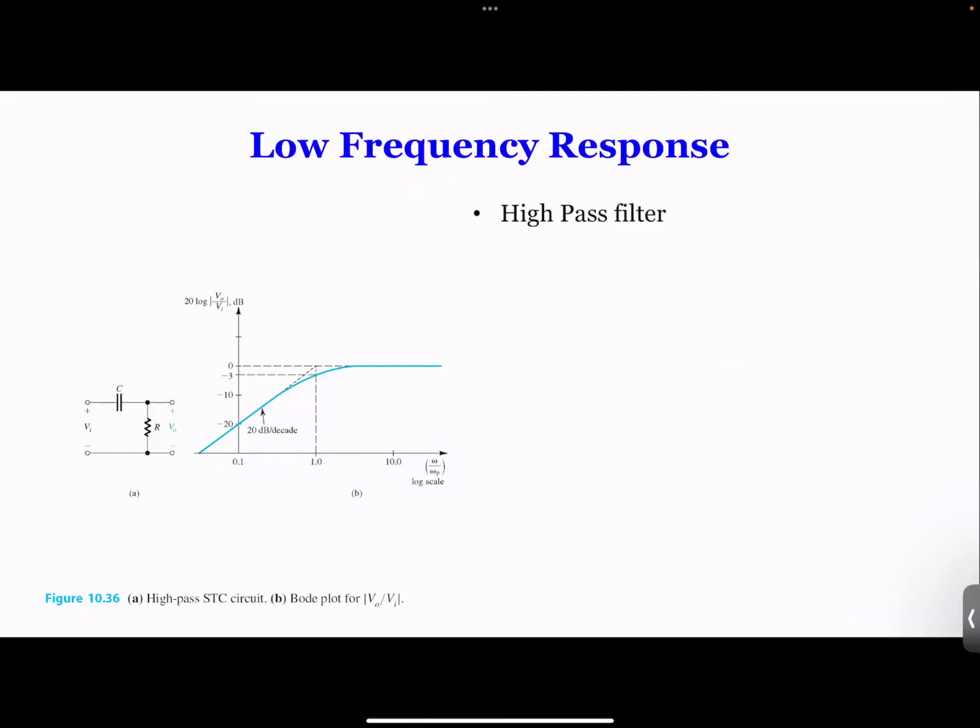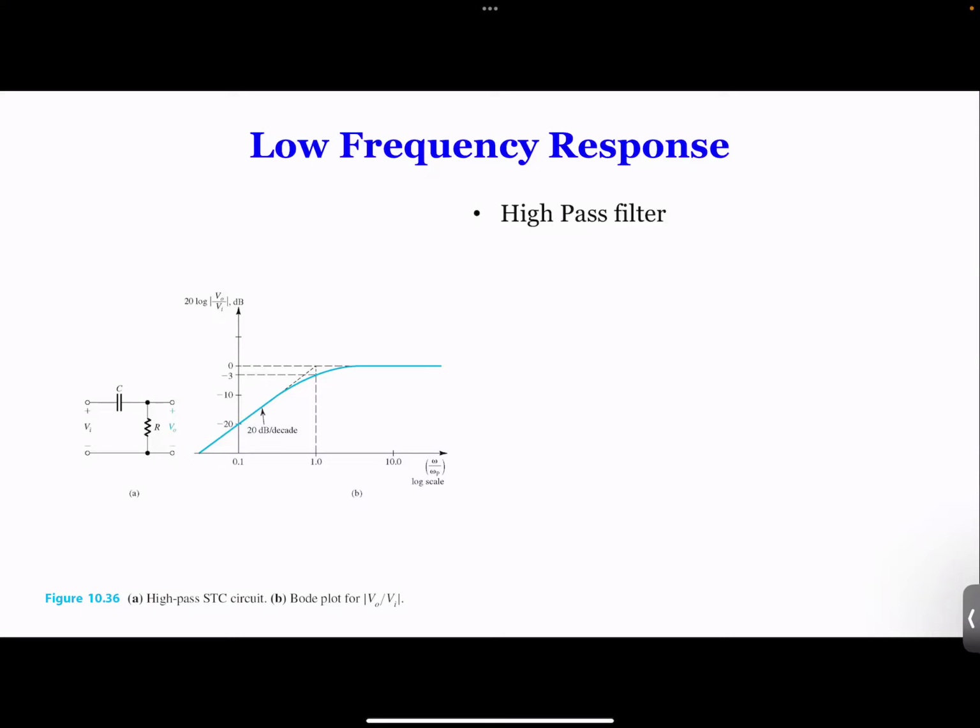So let's look at a little bit about when we talk about low frequency response. What we are really talking about is the high pass filter. The reason we call this a low frequency response is because at high frequency, if you look at this curve, the output as a function of input, or the gain of the circuit, is a constant above a certain frequency.